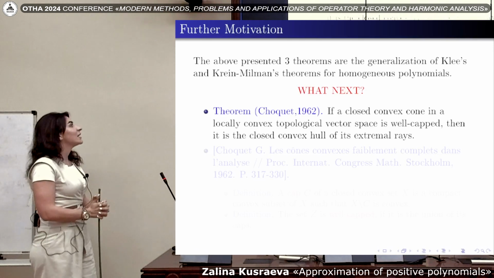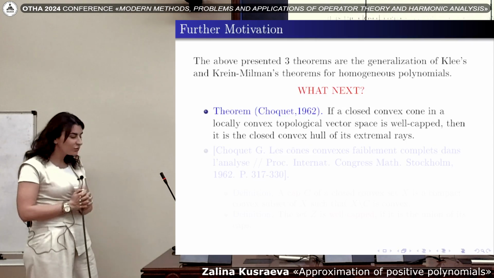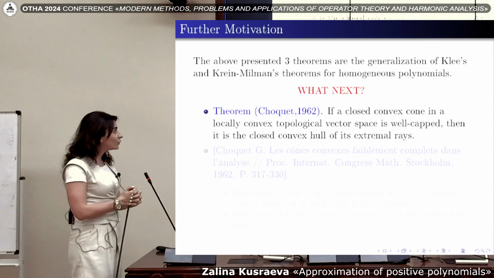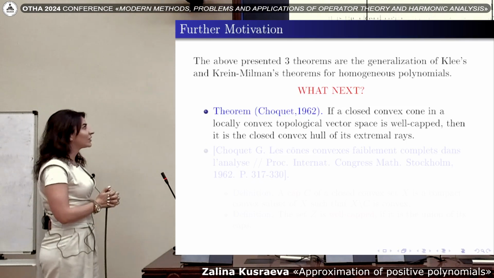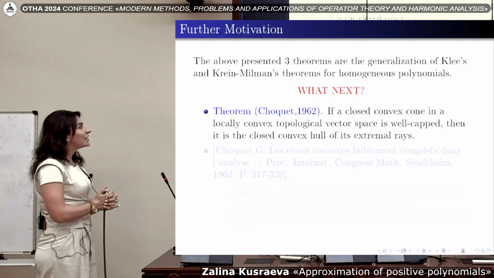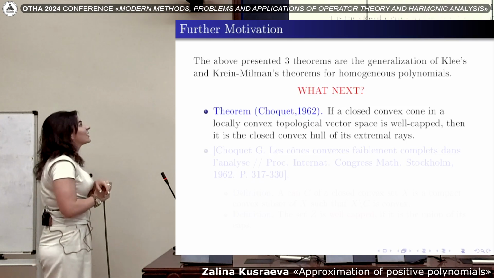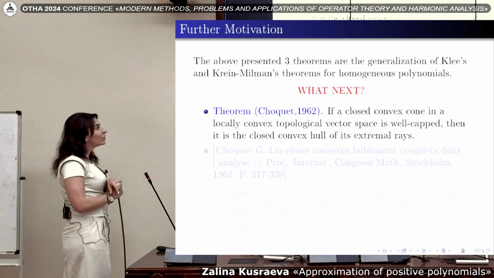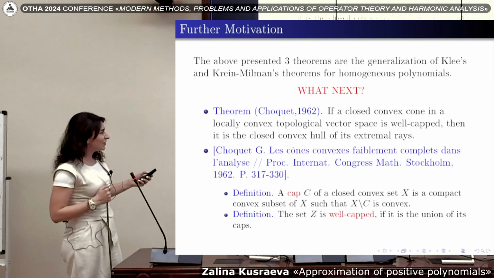We found that in 1962, Choquet proved a theorem according to which a closed convex cone in a locally convex topological vector space, if it is well kept, is the closed convex hull of its extreme points. Here are some definitions.